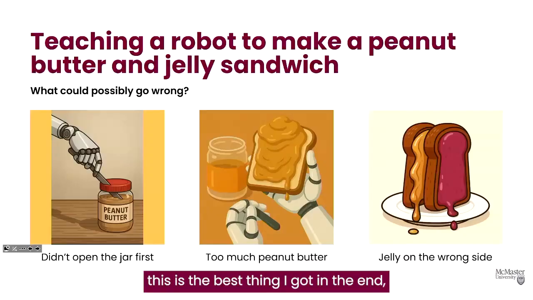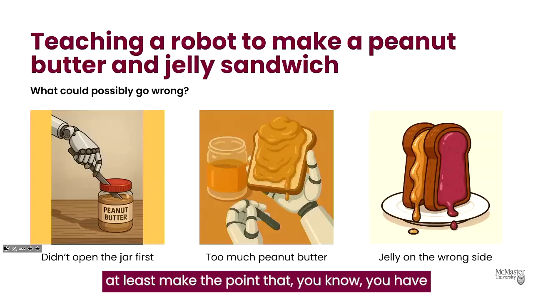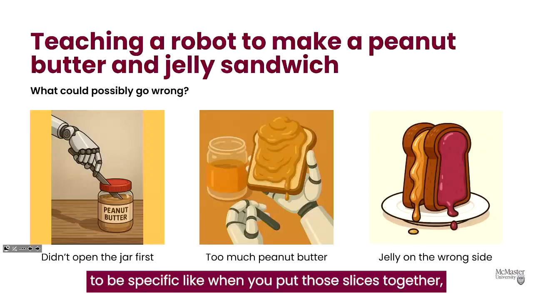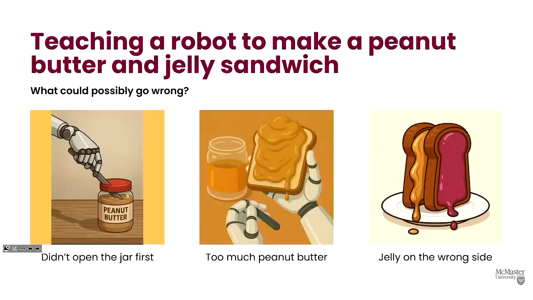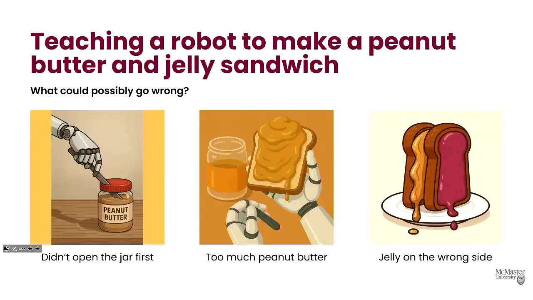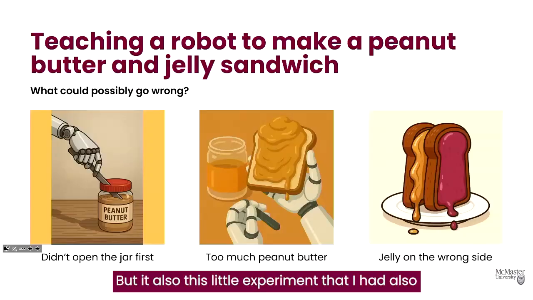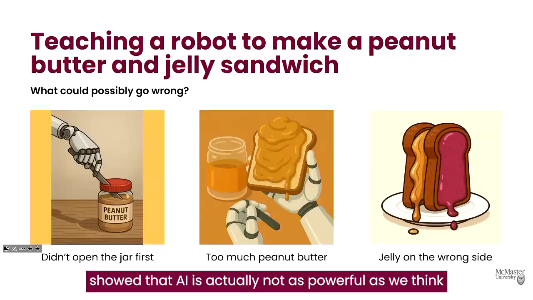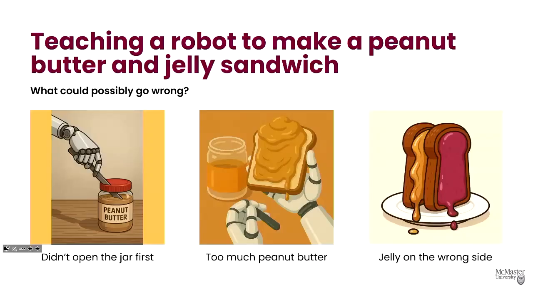This is the best thing I got in the end. But I hope that at least makes the point that you have to be specific, like when you put those slices together, make sure the ingredients are on the inside, not the outside. But this little experience also showed that AI is actually not as powerful as we think it is.